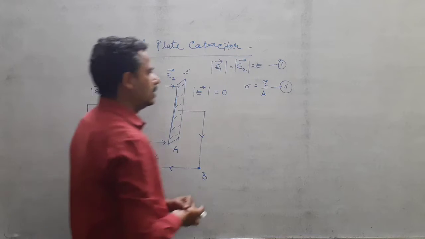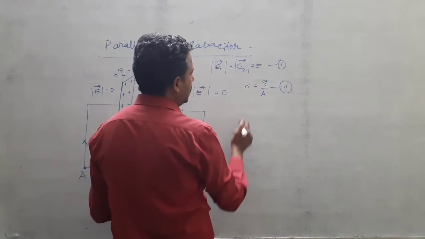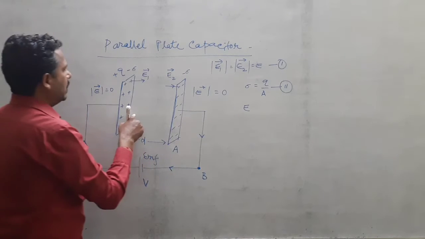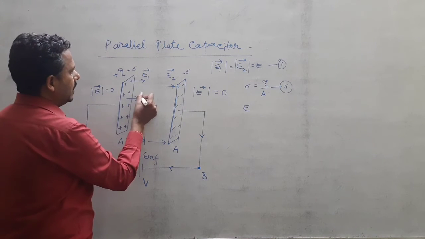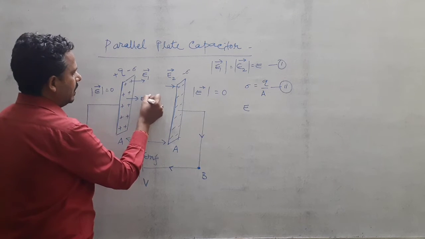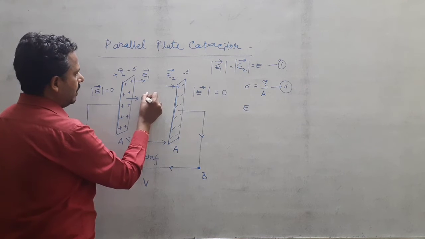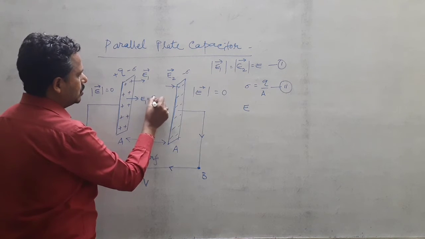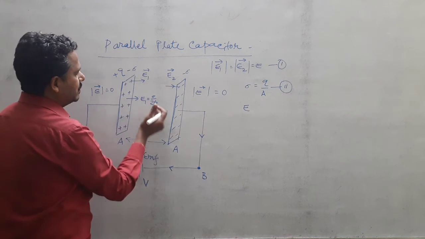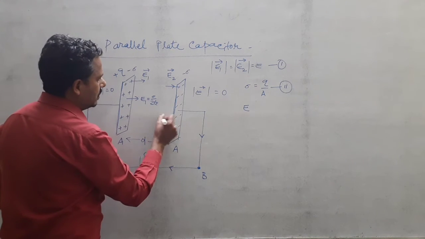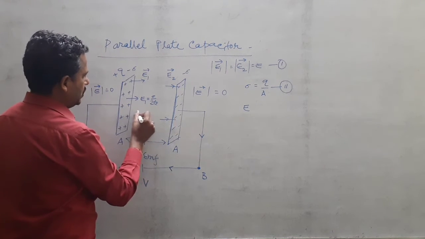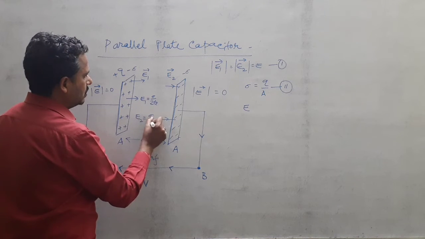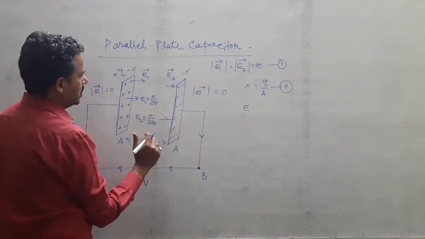So using Gauss's law, you find the field lines. Now from here, you see that E1 is equal to sigma by 2 epsilon naught from left to right. Now for this plate, the magnitude of E2 is sigma by 2 epsilon naught in this direction.